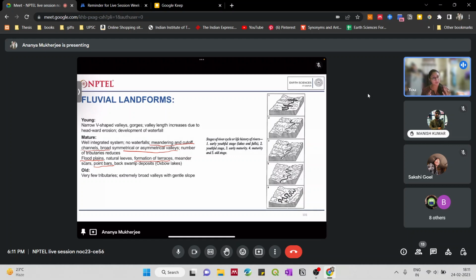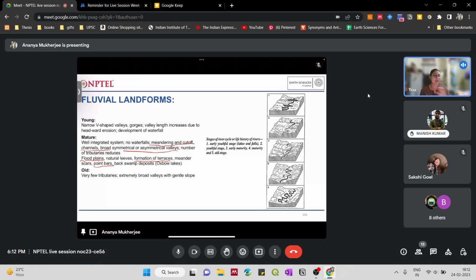Another factor that determines whether the river is going to erode or deposit is the relief of the area. What is the relief? The elevation. Mostly the old stage of the river is seen in the flatter regions of the continents.